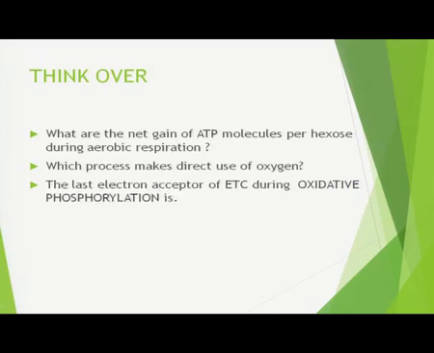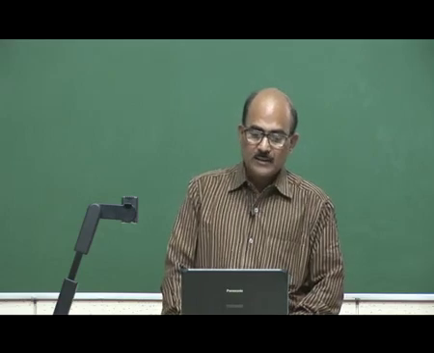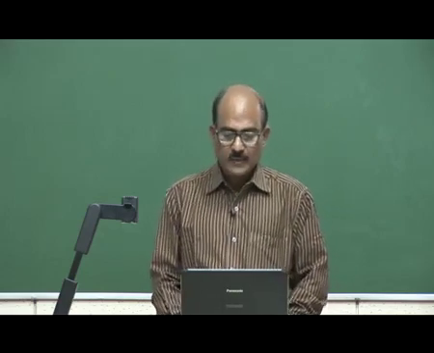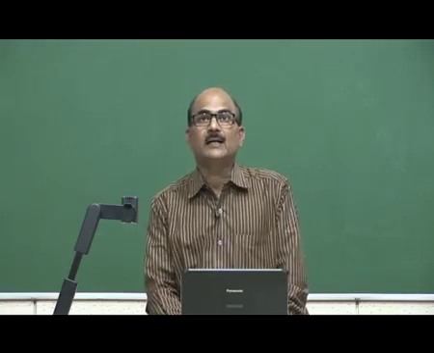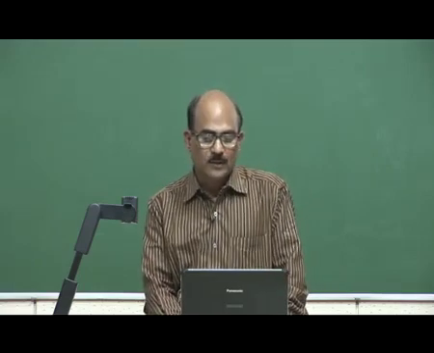Now, the third question: the last electron acceptor of the electron transport chain during oxidative phosphorylation is. Which one is the last? Here we can say that the electron transport chain is made up of electron carriers as well as cytochromes.